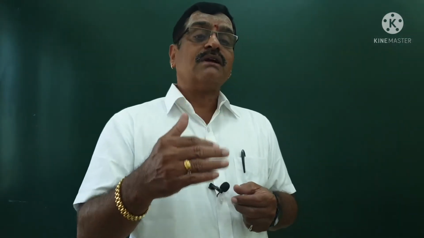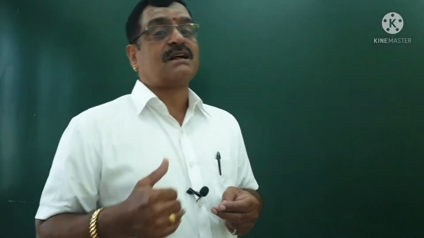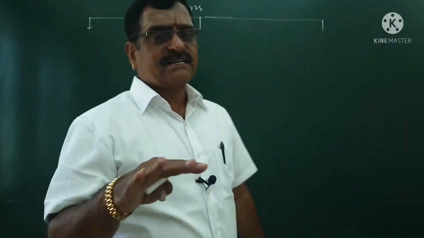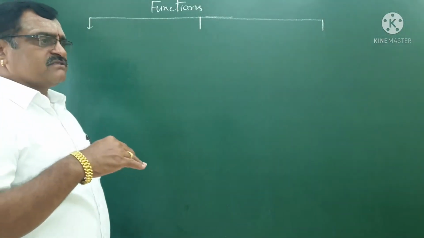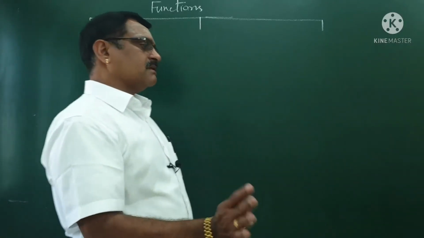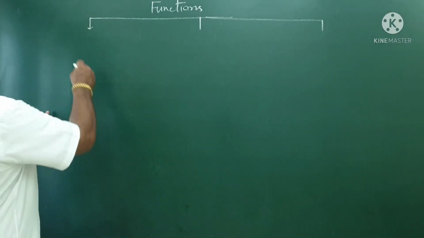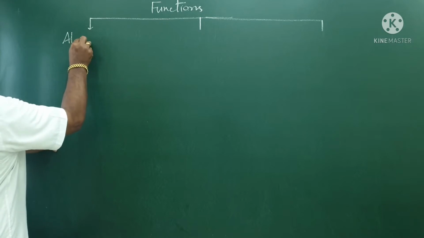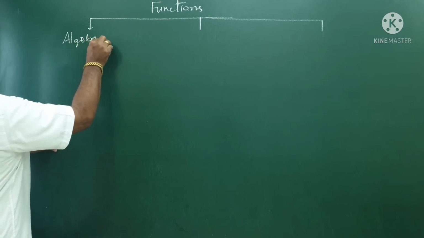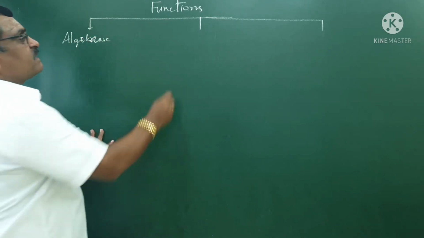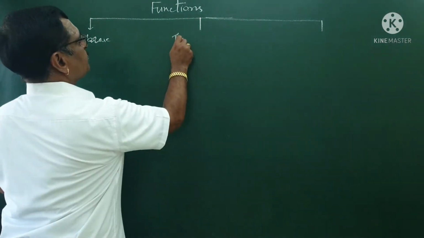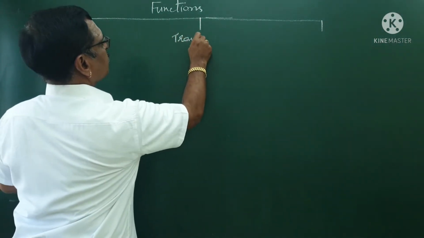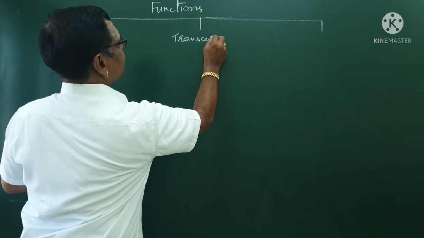That is now the classification of functions concept. Now the functions are basically categorized into 3 classes or 3 types. What are they? First, number 1 is algebraic function. Next, the second one is transcendental.